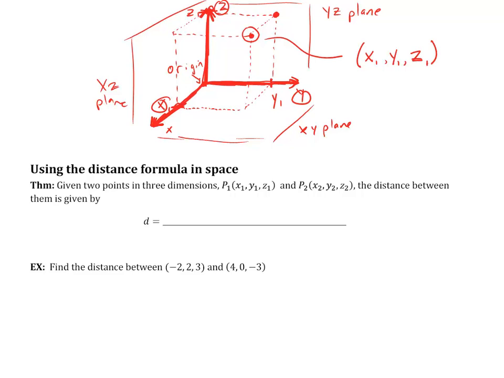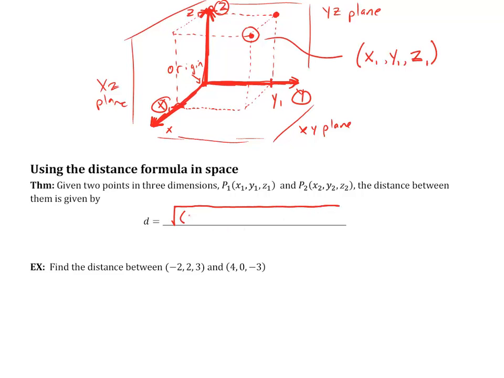The next question is, how do I find the distance between 2 points in space? I'm just going to refer you to the textbook that goes along with this course. There is a description in there about how this formula is derived, but you can see how it's very similar to the distance formula in 2 dimensions.